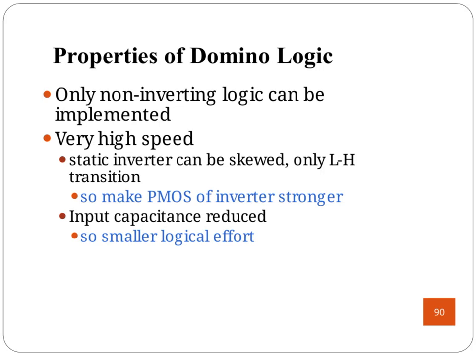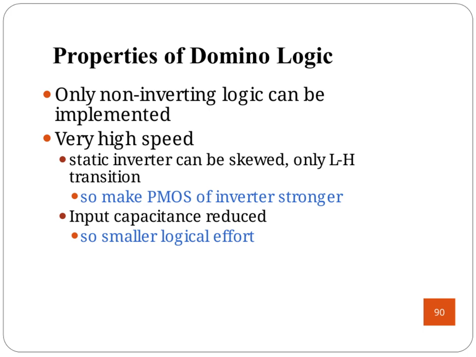Now, let's discuss some important properties of domino logic. First, domino logic only allows the implementation of non-inverting logic functions. This is a key limitation to keep in mind when designing circuits. One of its major advantages is its very high speed, making it suitable for high-performance applications. The static inverter used in domino logic can be intentionally skewed, supporting only low to high transitions.